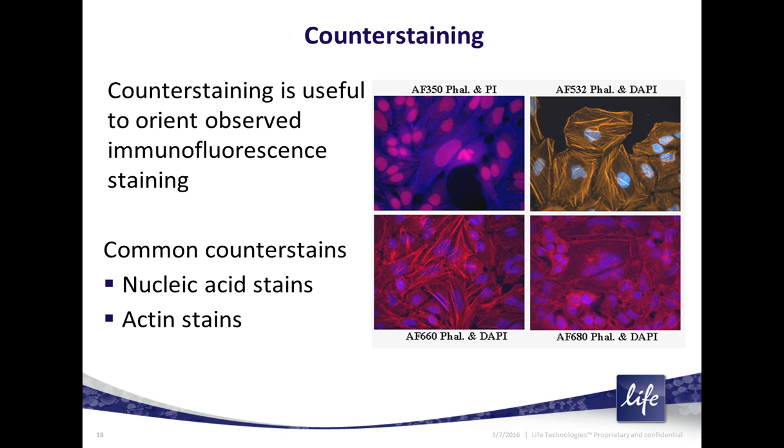Other counterstains might be for various organelles like endoplasmic reticulum or Golgi or mitochondria. We've got a lot of different dyes here, but I'm not going to address those other organic dyes for organelles in this particular presentation.